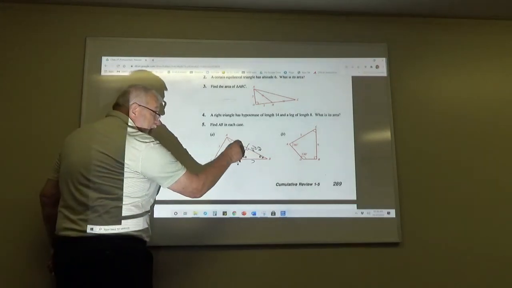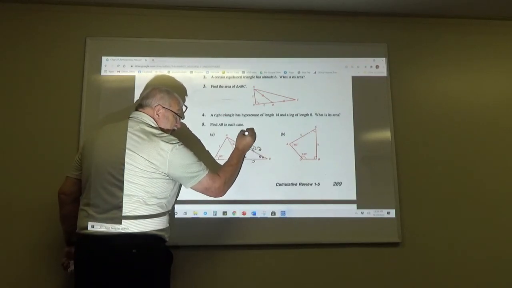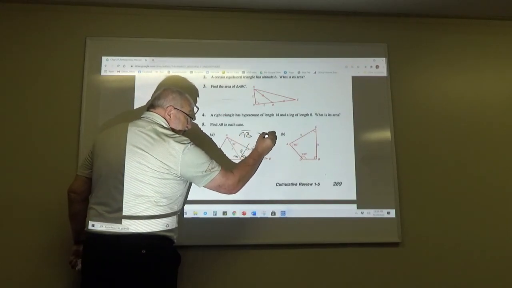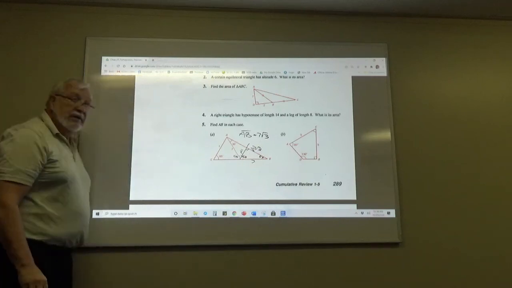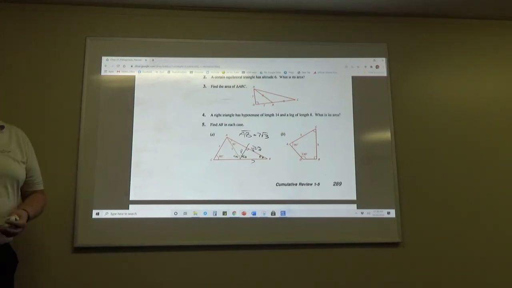And there's one here and there's one here. So that makes AB equal to 7 square root of 3, because there's two 7 over 2s, and together you get a full 7. Now that I see that's an isosceles triangle, then that's doable.